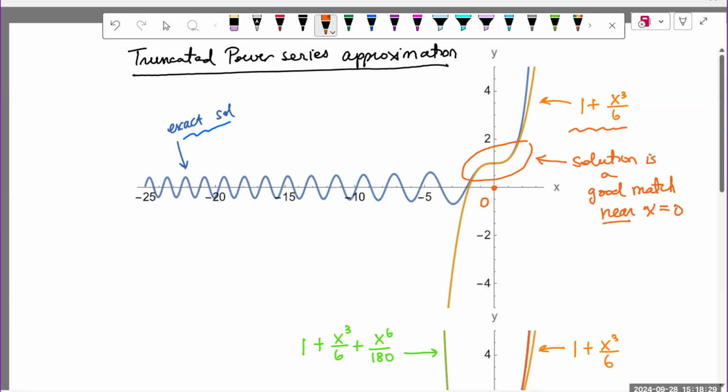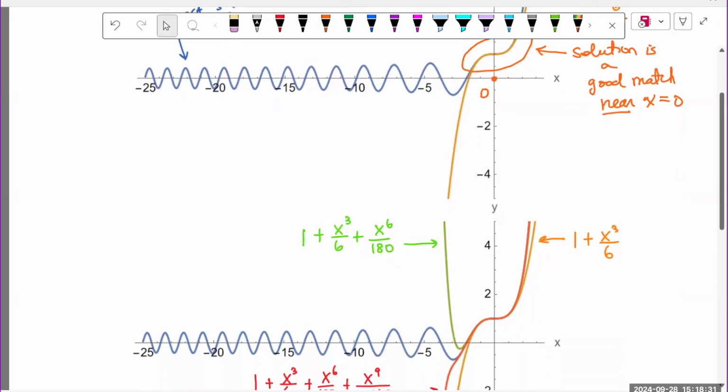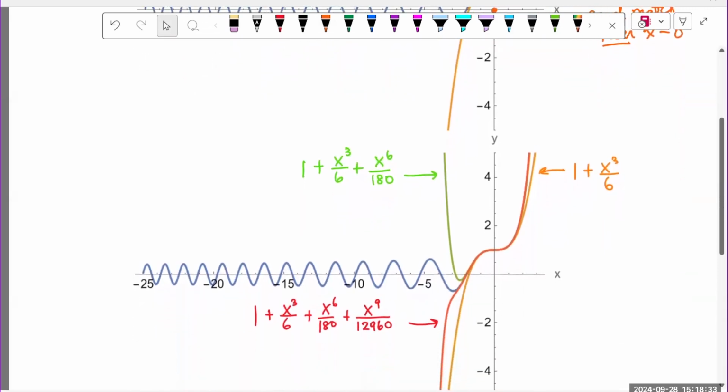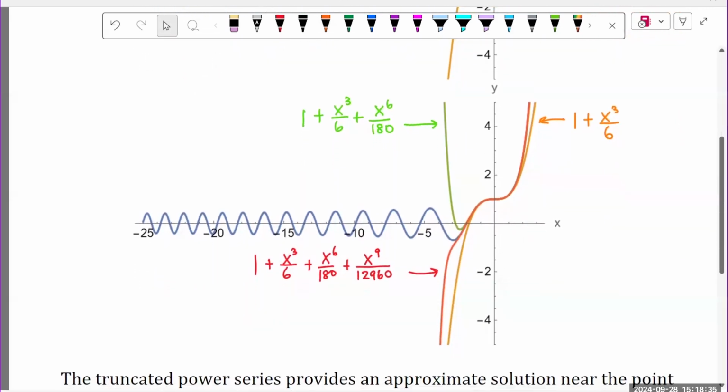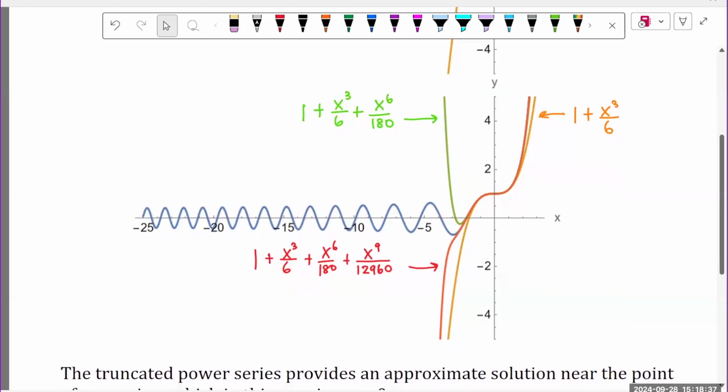If we look at the next figure, I've now plotted on top of this a couple more polynomials where we've extended out our series solution a couple more terms. So one more term gives us this 6th-degree polynomial, where we also are matching right around this area near x equals 0, and maybe matching a little bit better.